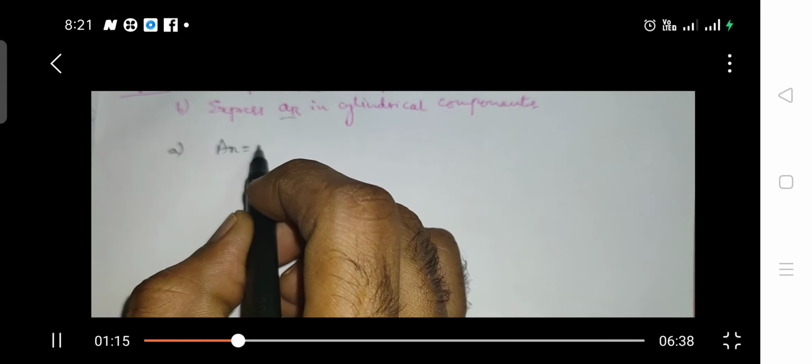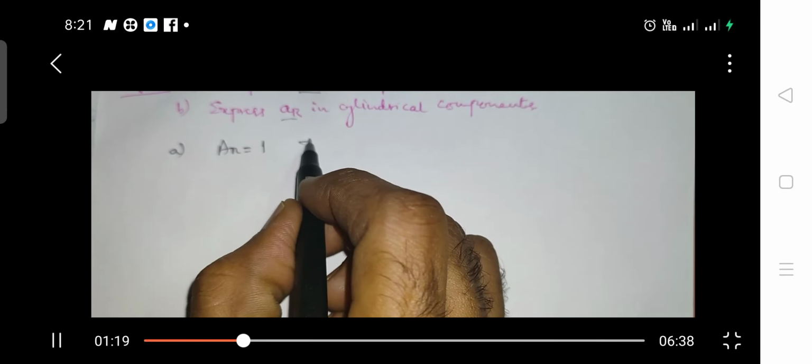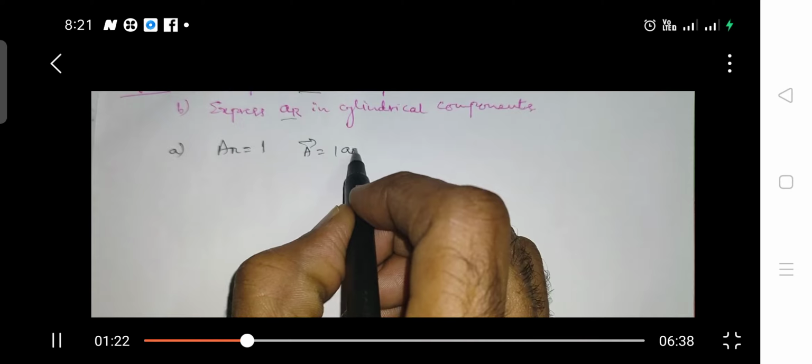the length of AR is equal to 1, or simply the vector A bar is given as 1 into AR bar.